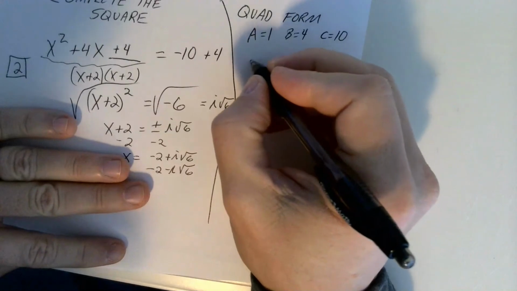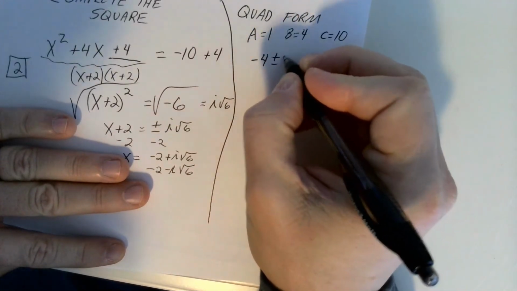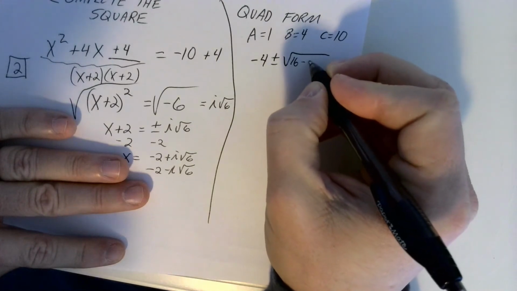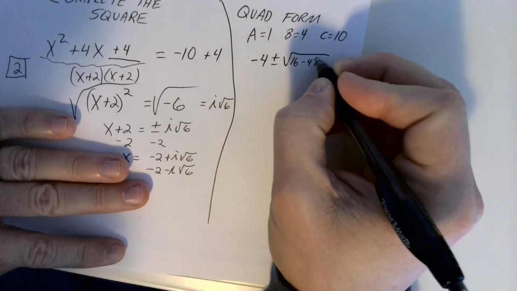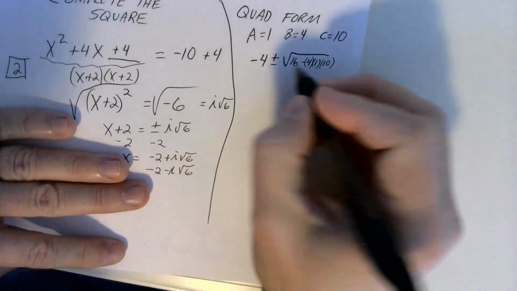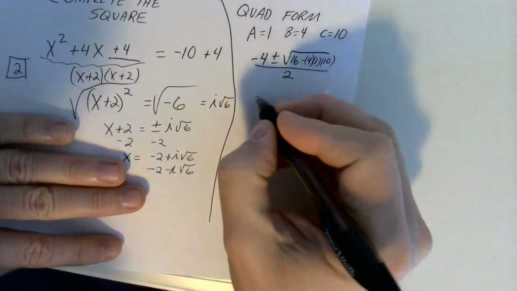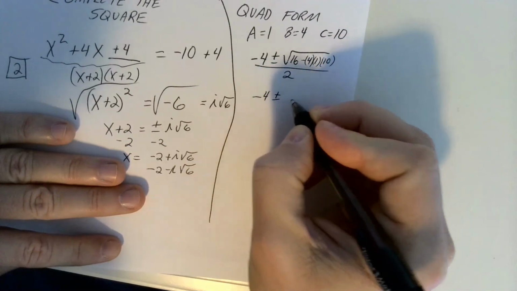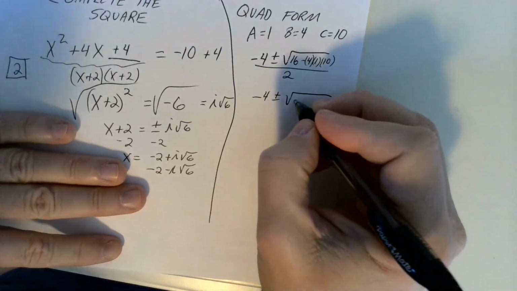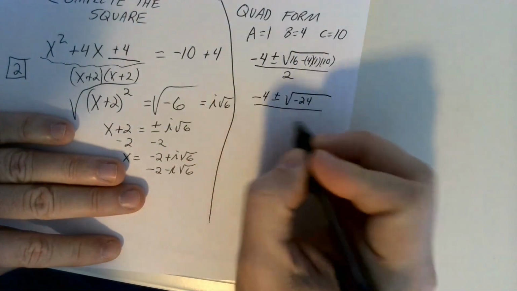So negative 4 plus or minus the square root of 16 minus 4 times 1 times 10, all over 2, which gives me negative 4 plus or minus the square root of 16 minus 40, which is negative 24, all over 2.